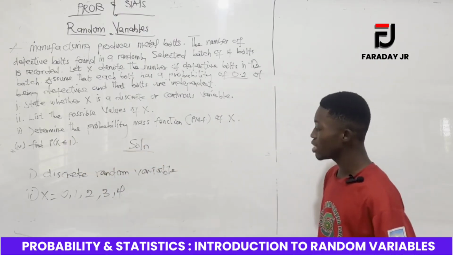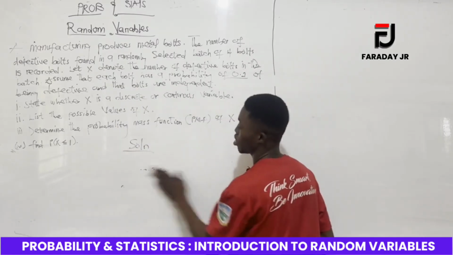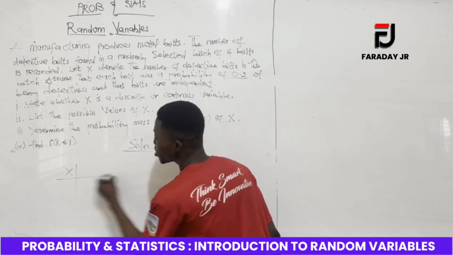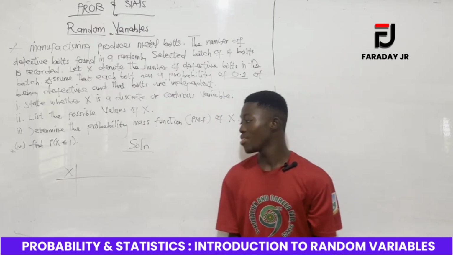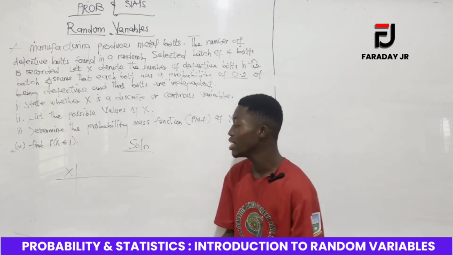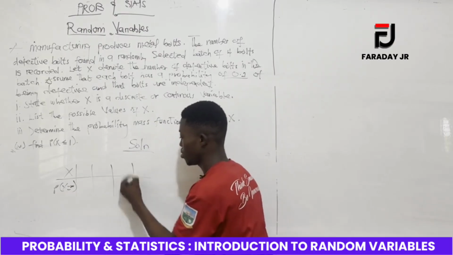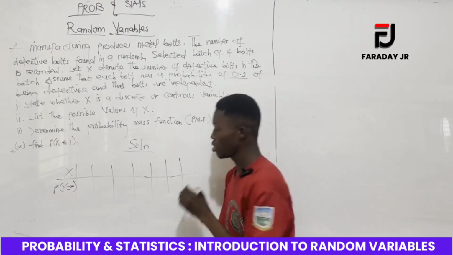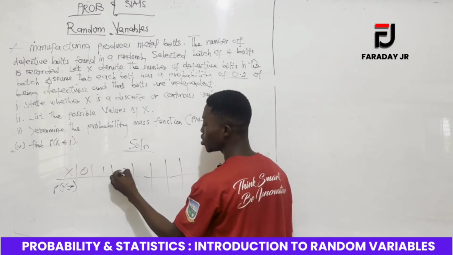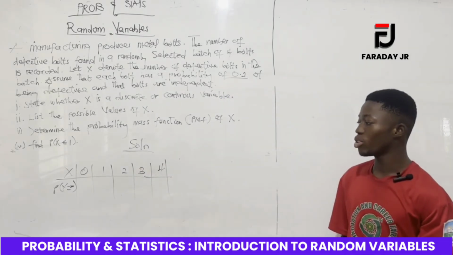I earlier explained that the probability mass function is based on knowing the values of X and finding the probabilities of those specific values of X. So for this table, we will have X here and the probability of X. The values of X, as we said, are 0, 1, 2, 3, and 4. These are our possible values.